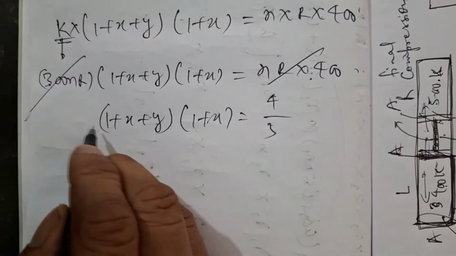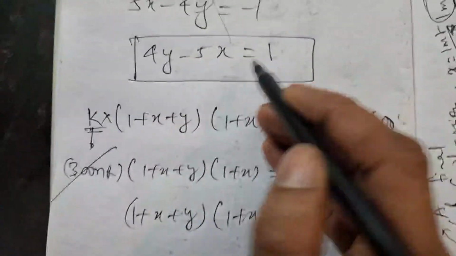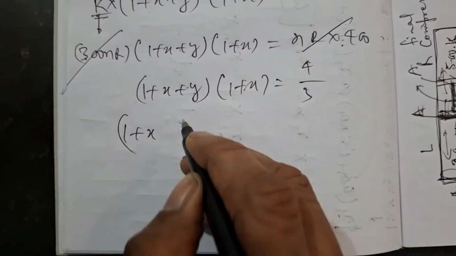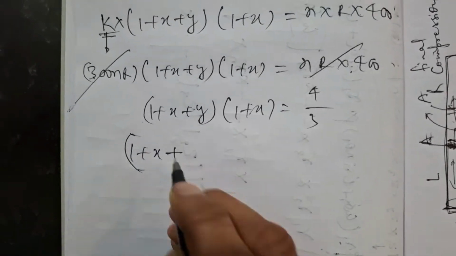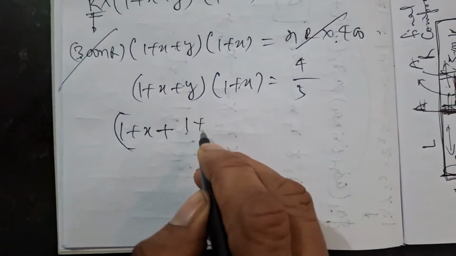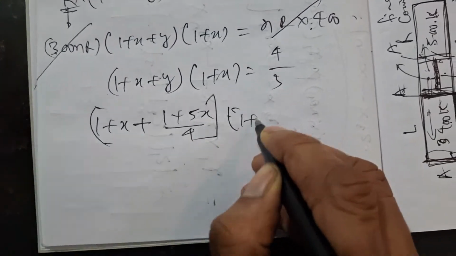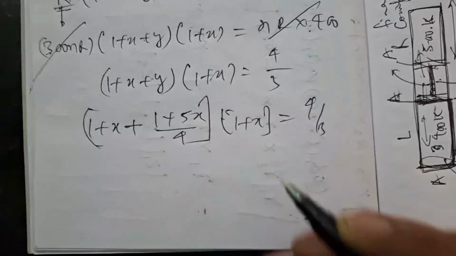Now convert this equation into a single form. So here is the data. Now you should convert: in place of y write 1 plus 5x by 4 into 1 plus x. You will get a quadratic equation and take the positive value only.